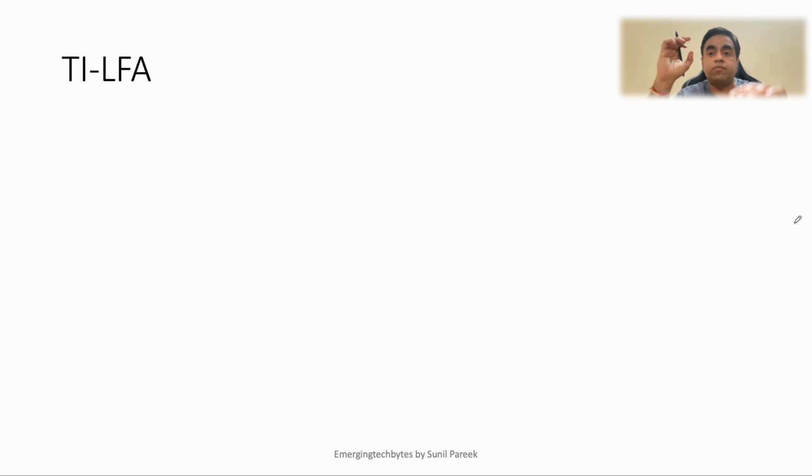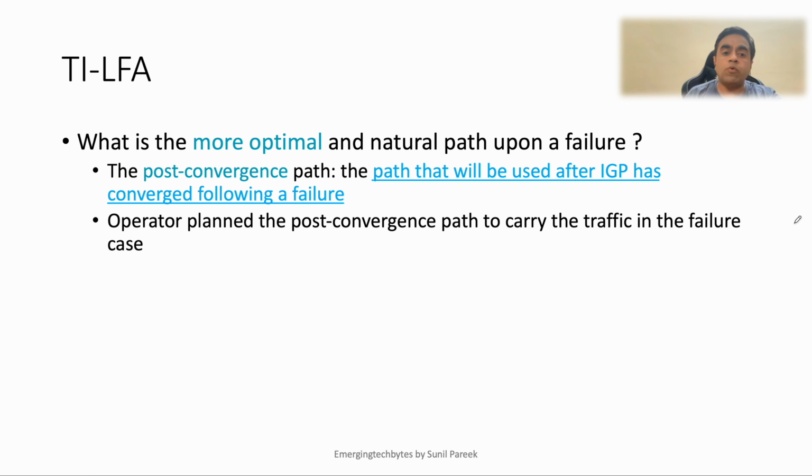So TI-LFA, as I was saying, provides 100% coverage, and it also uses the post convergence path. Remember, LFA and remote LFA will just do some workaround. But TI-LFA will have the path that will be used after the IGP has converged following the failure that we are trying to protect.